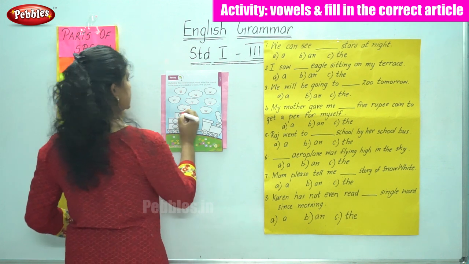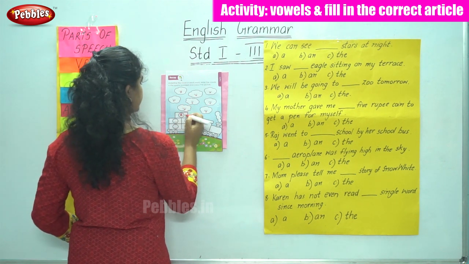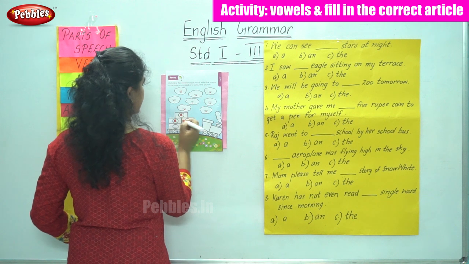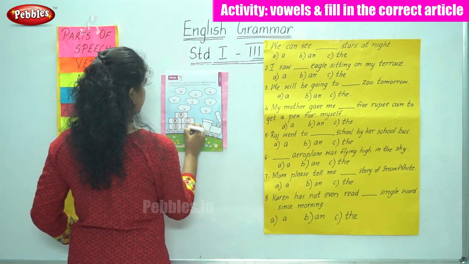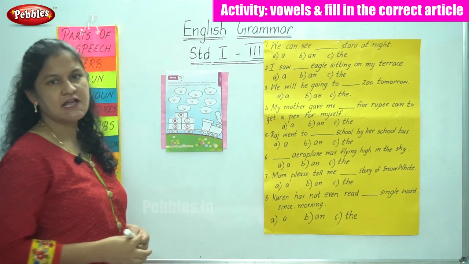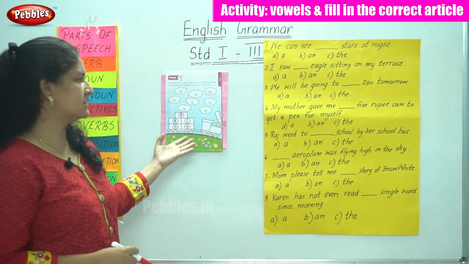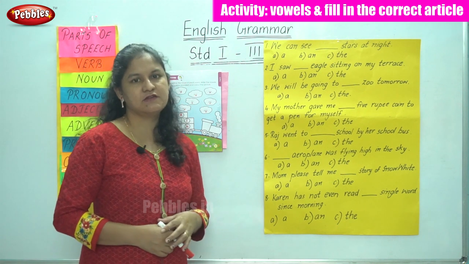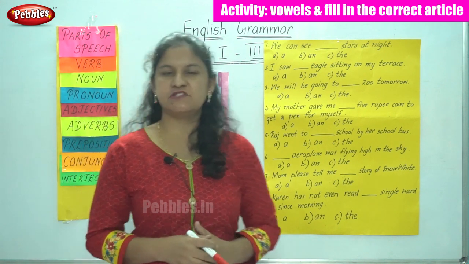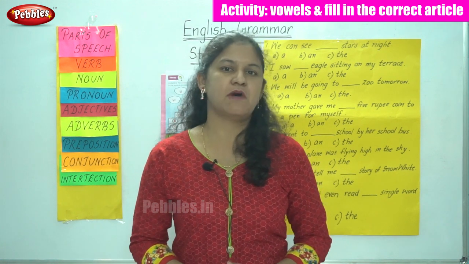So I'm going to write A, E, I, O and U. So these are the 5 vowels, and then you need to color the vowels. When you are free, you can color the vowels. This is just a small activity for you to relax your mind.